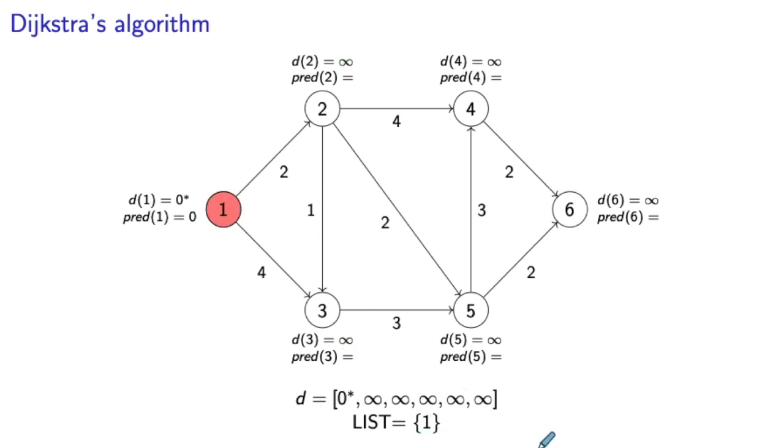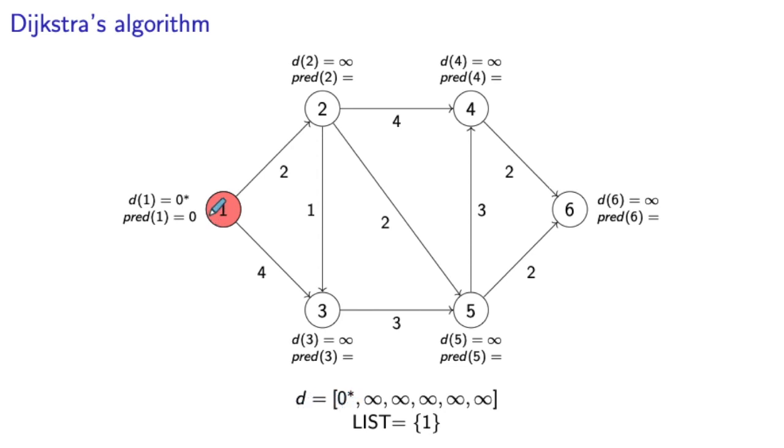So let me go over this same step again by using the color coding that we have in the slides. By fixing the label for node 1, we color it in red. The red will be used for the nodes for which we already made the label permanent. We will also use a star to indicate this permanent label in the D vector.